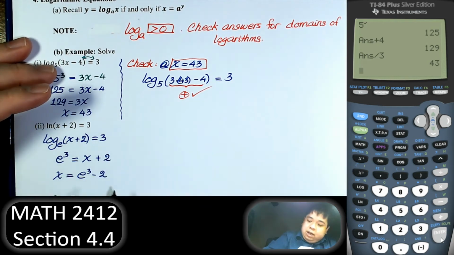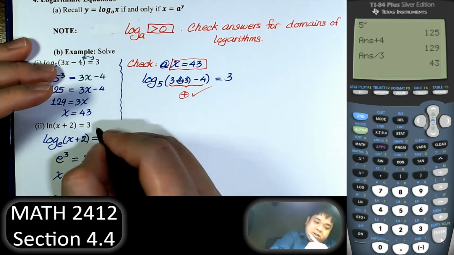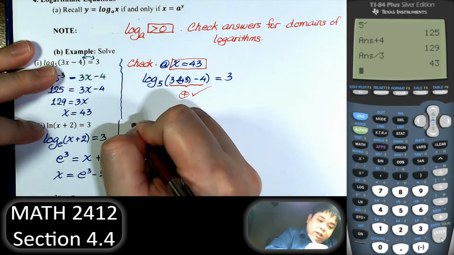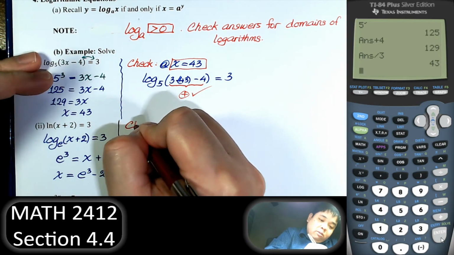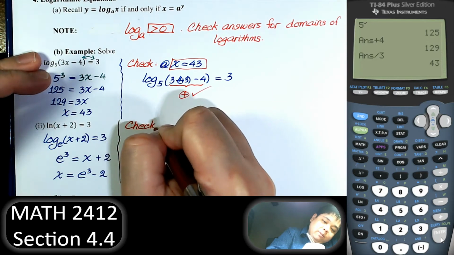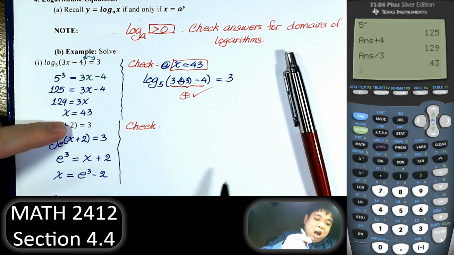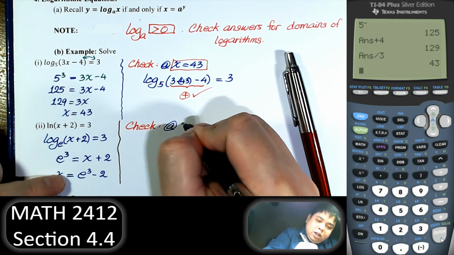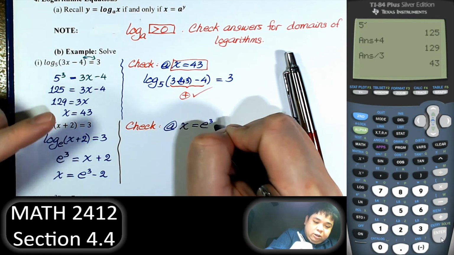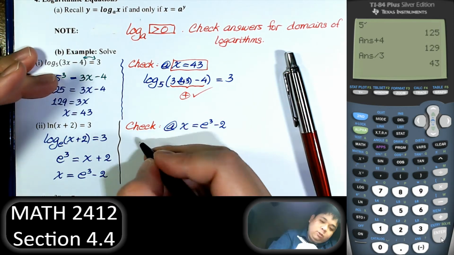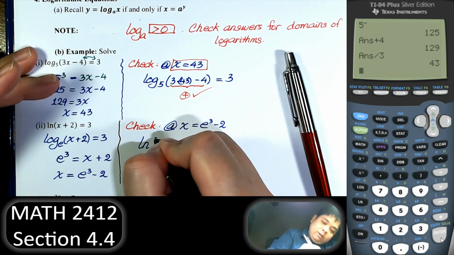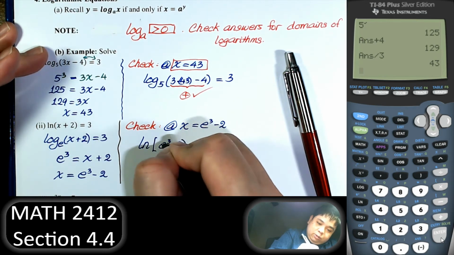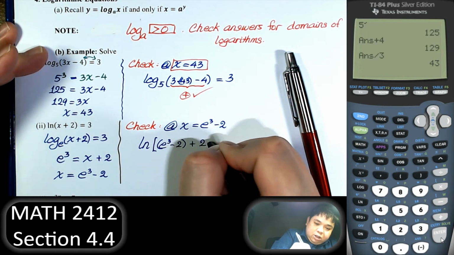Right. Now with that we would need to check the answer, because whatever we put in the argument of the log must be positive. Must make the argument positive, I should say that. So we check for e cubed minus 2. We have ln of e cubed minus 2 plus 2.